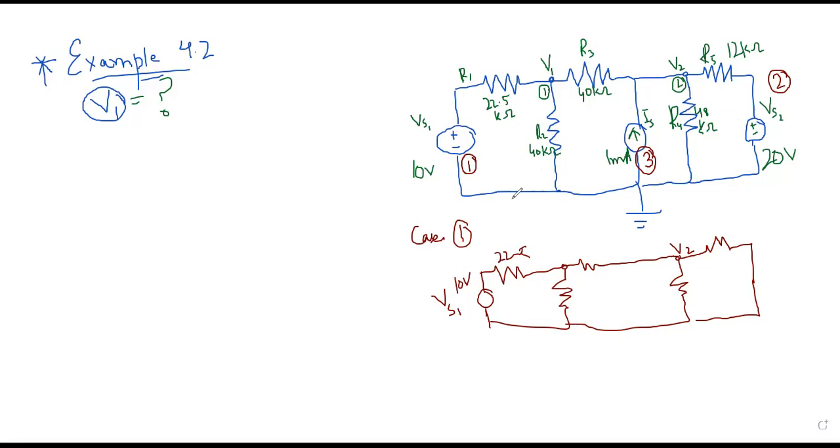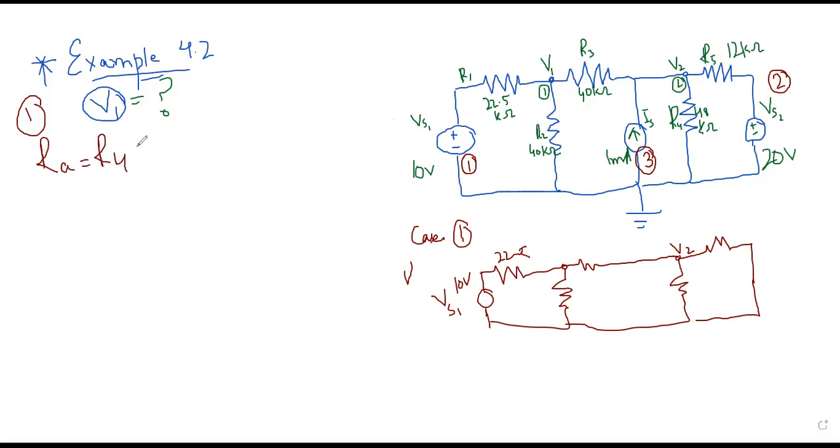So for this diagram, case number 1, first I am using some parameters, RA. Now this is for case number 1. RA equals R4 parallel to R5.